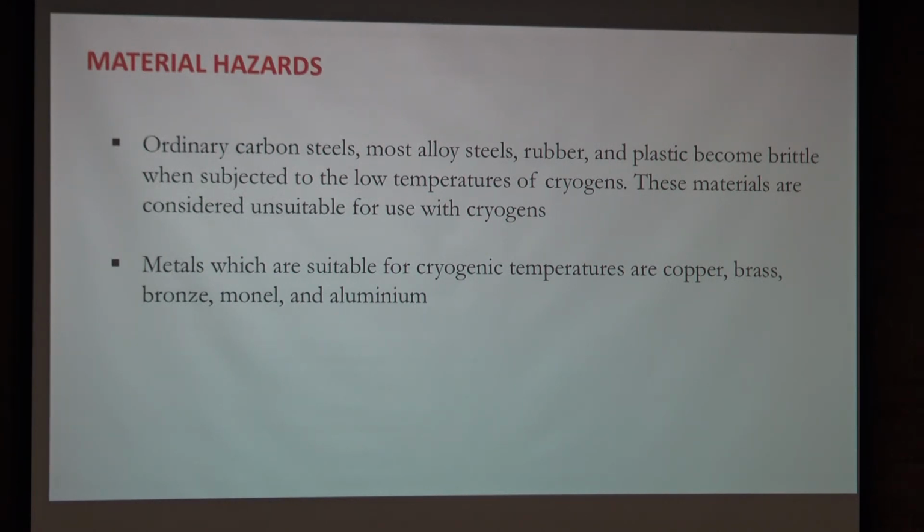Just keep in mind that all materials, whether you use them inside your cryostat or for storage of cryogenic liquids, need to be able to handle cryogenic temperatures. The materials that are safe to use are definitely brass or copper, aluminum, and bronze, but not so much plastic or rubber or even stainless steel.